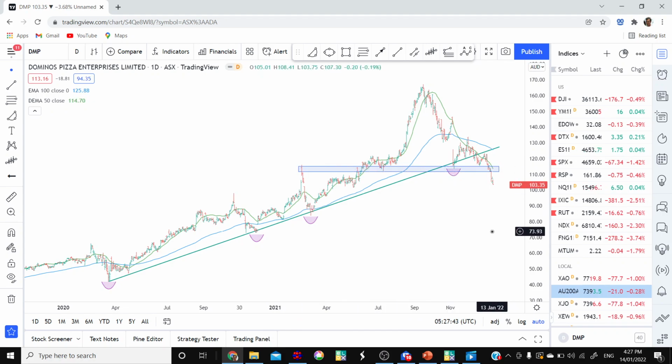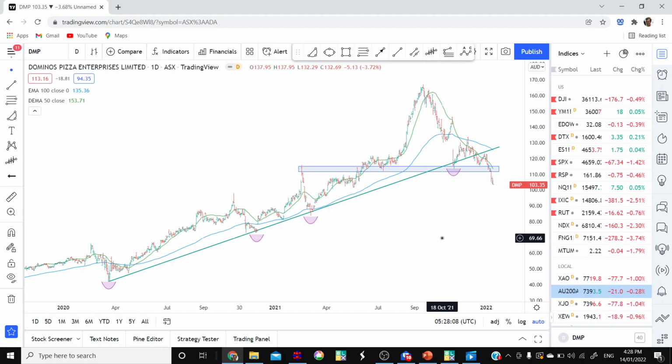So you've got three things going against Domino's: a break of a trend line, moving averages crossing, and a break of a support zone. And just like we were talking about earlier with the NASDAQ, it's got all these touch points on the trend line, so it's quite a significant trend line to break. And so look, what a lot of people will do here, they'll treat it like they've treated Magellan. They'll buy. They'll say, this is cheap, I'm going to buy.